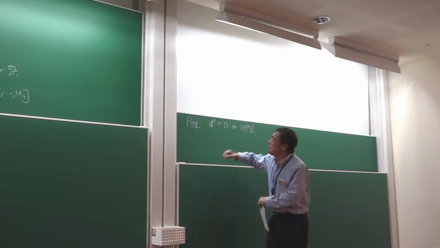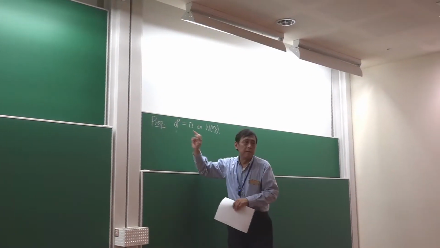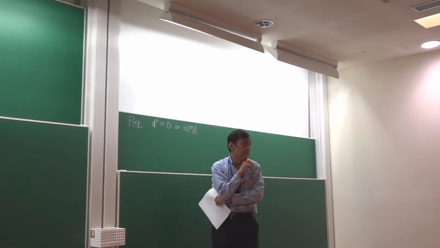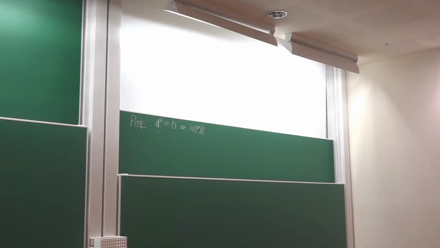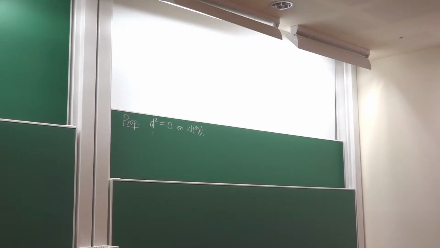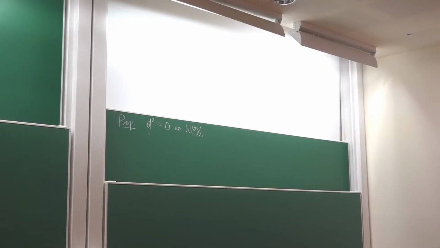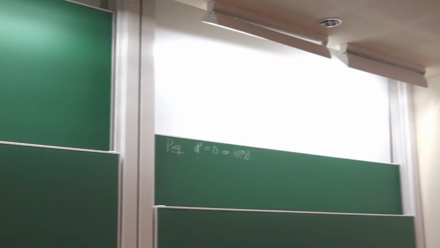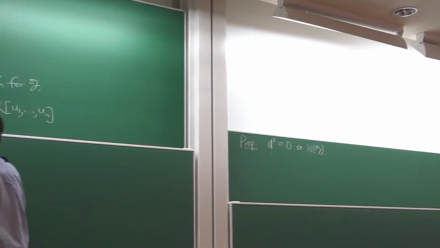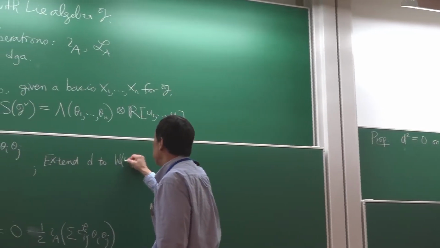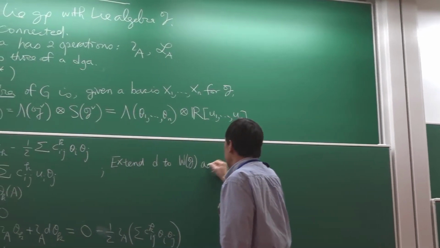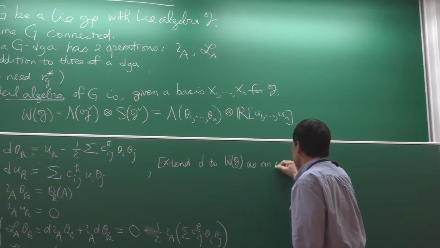Okay, now D is an antiderivation. Okay? So you see, we defined it on these generators, then we extend D to the Weil algebra as an antiderivation.